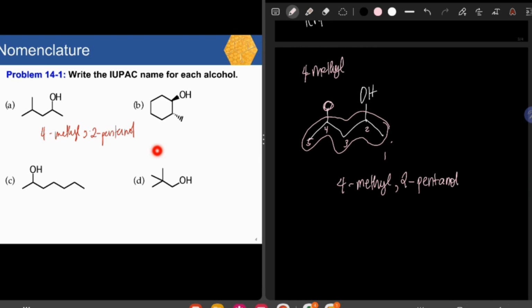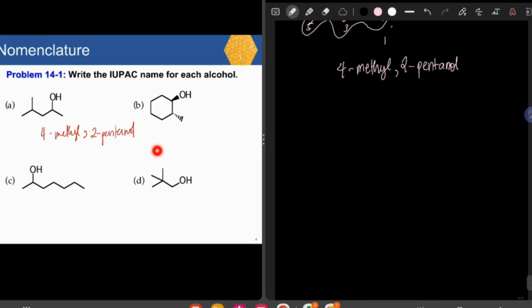Okay, for letter B, that's a cyclic compound. 1, 2, 3, 4, 5, 6, that is 6. Because it is cyclic, we'll use cyclohexanol. But we'll start numbering at the OH, so that would be 1. Ma'am, what about the direction, counterclockwise or clockwise?